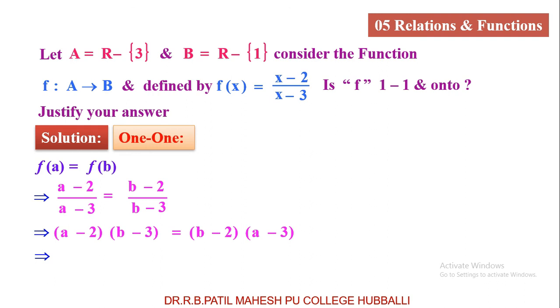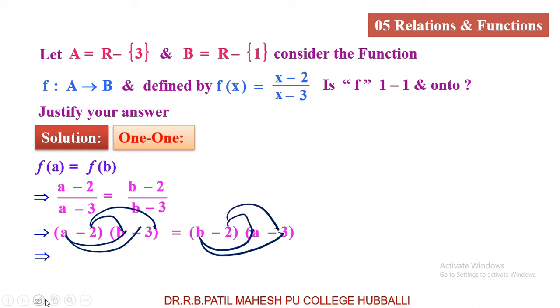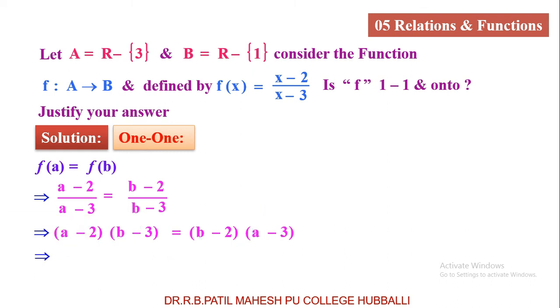Multiply term by term, a into b, a into 3, 2 into b, 2 into 3, both in the LHS as well as in the RHS. If you multiply, we are going to get ab minus 3a minus 2b plus 6 equals ab minus 3b minus 2a plus 6.